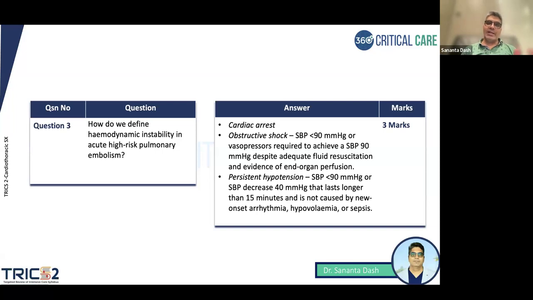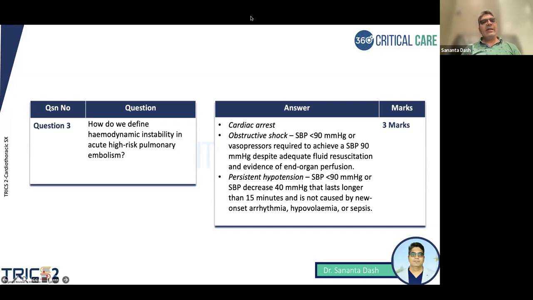So a patient with cardiac arrest, yes, that's a hemodynamic instability, or the blood pressure that is less than 90 with support of vasopressor after being fully resuscitated. So that's the point that is being asked in this question. What do you mean by hemodynamic instability in the context of pulmonary embolism? All right.